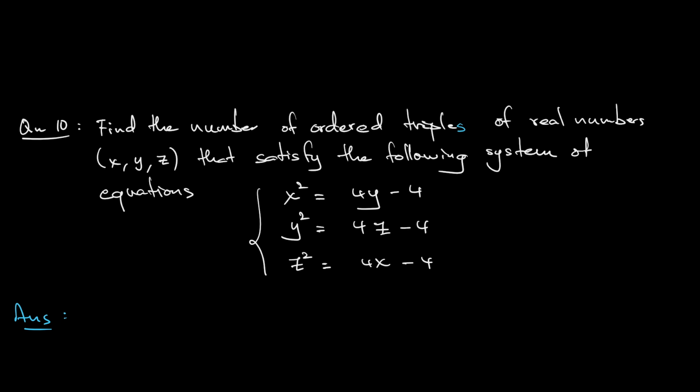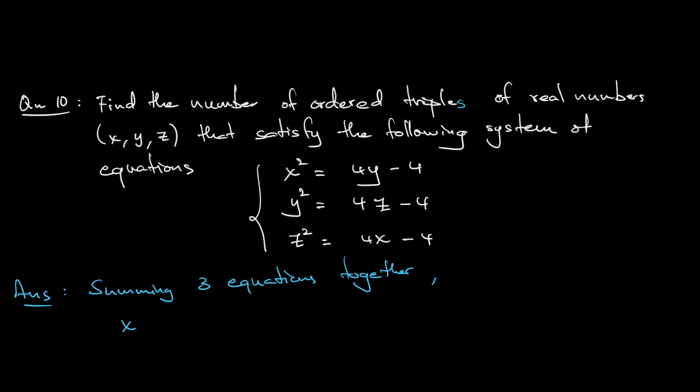This is in fact a pretty easy question. Notice that if you sum all three equations together, you would have x squared plus y squared plus z squared. You can rearrange this.